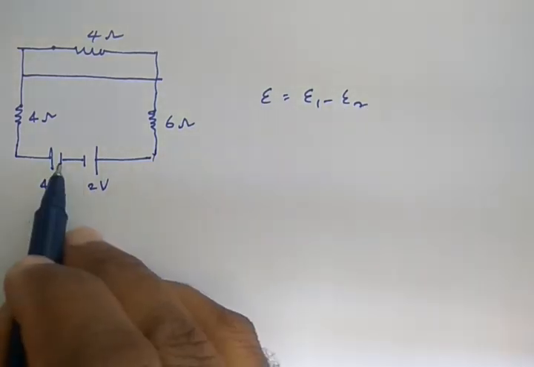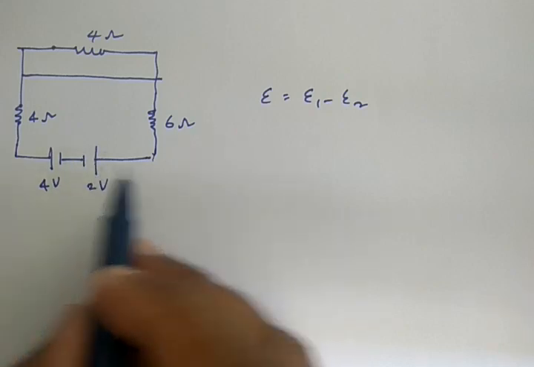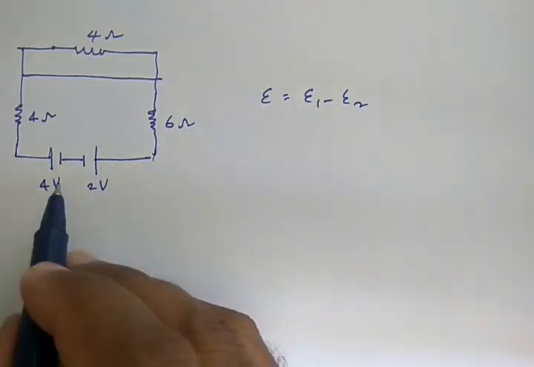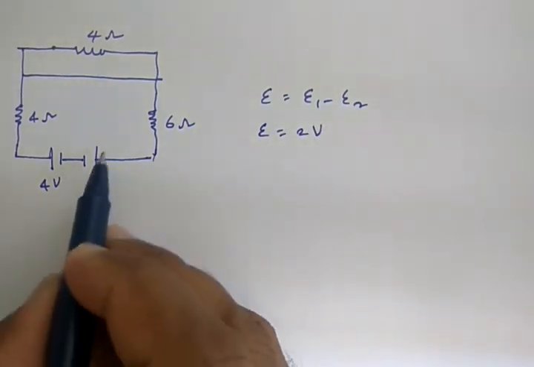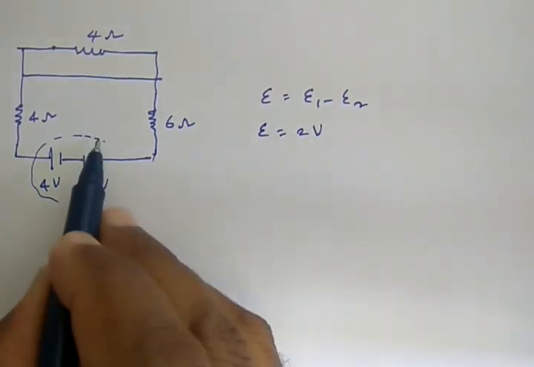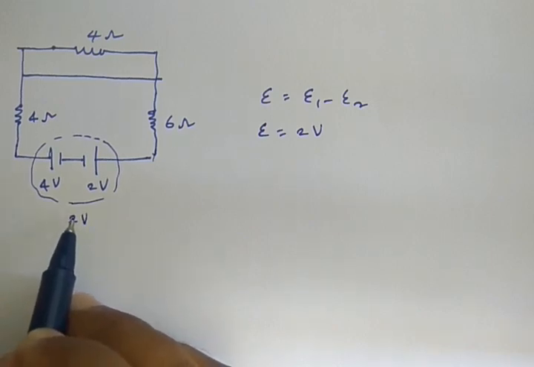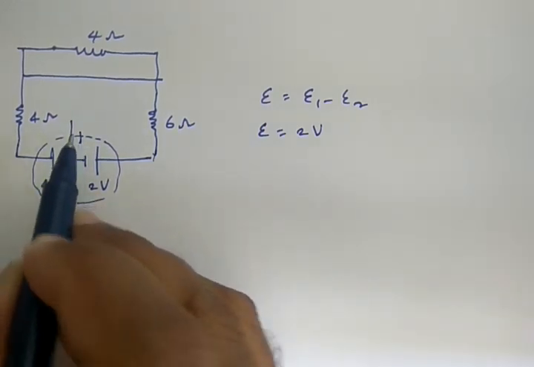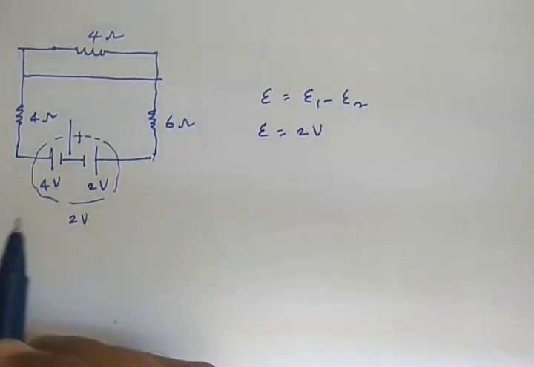Here the negative terminal is connected to the negative terminal, which means there is a reverse polarity here. Because of that you get E1 minus E2. Then the EMF of this will be 2 volt. Here you get positive and here you get negative, because this is greater than that.